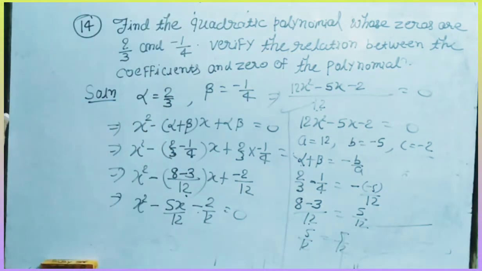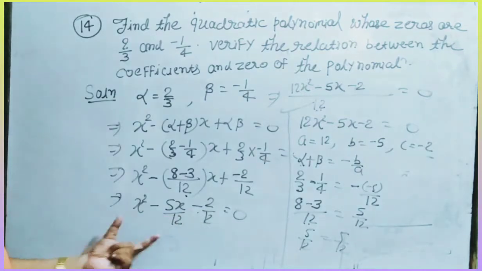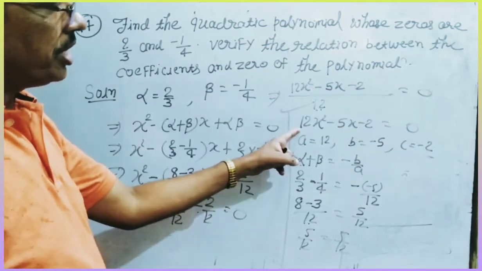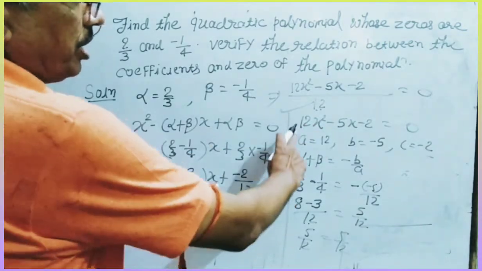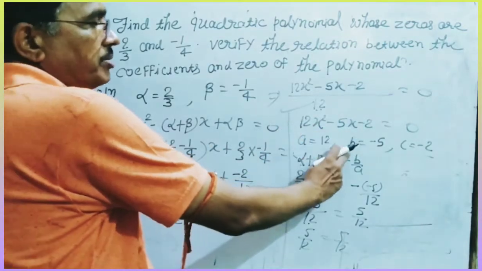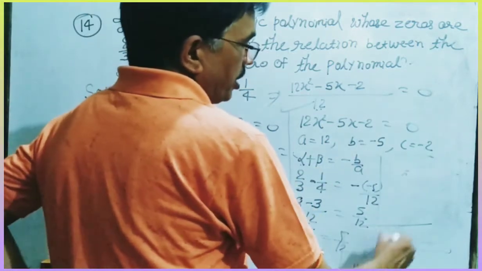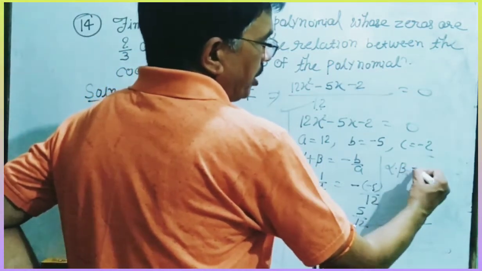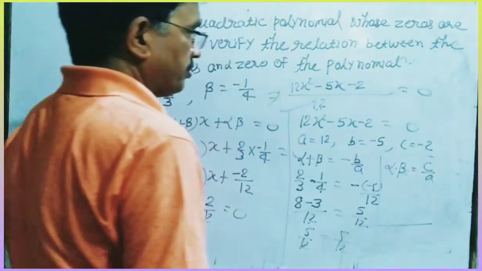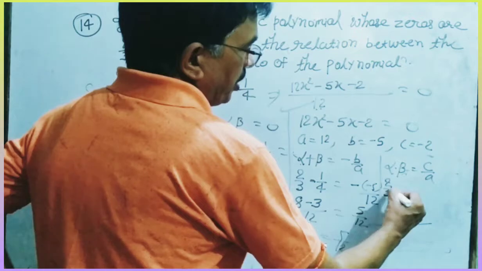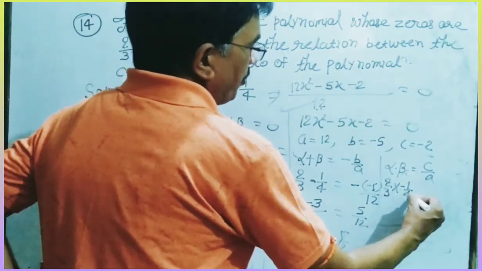So dear students, if you have fractions, then you take the LCM and the denominator goes to the other side, so it is a quadratic polynomial. And suppose here a is 12, b is minus 5, c is minus 2, and substitute their values. Similarly, alpha into beta is equal to c by a. Alpha is 2 by 3 and beta is minus 1 by 4.